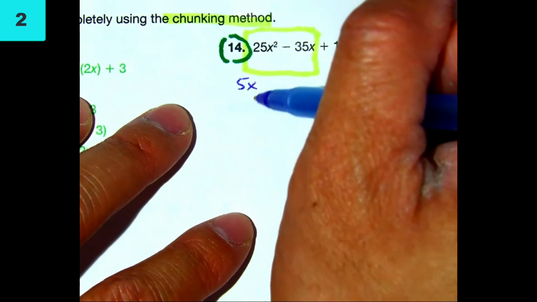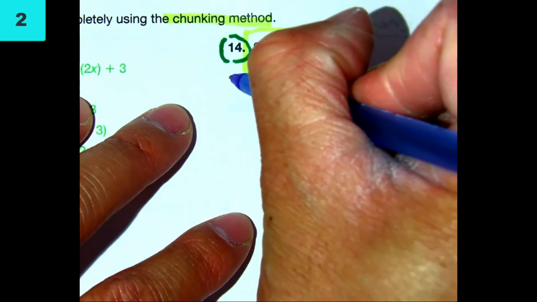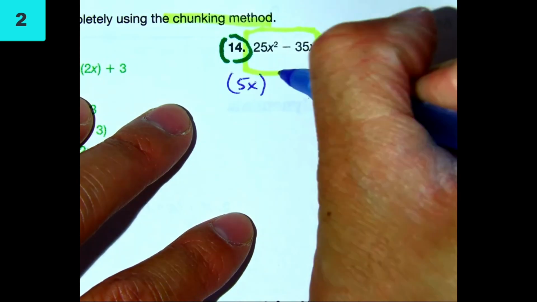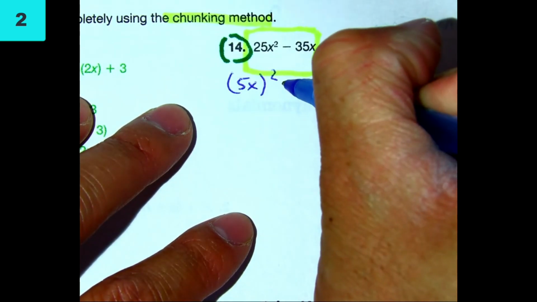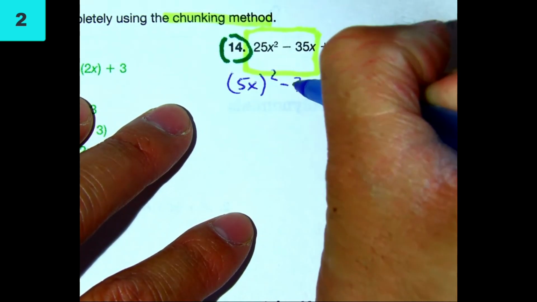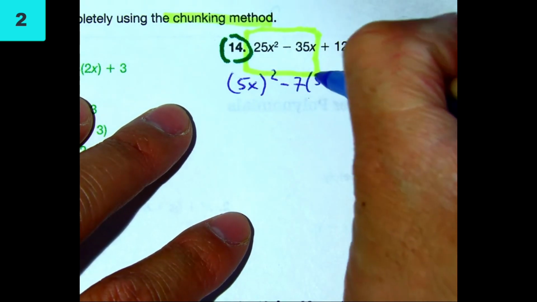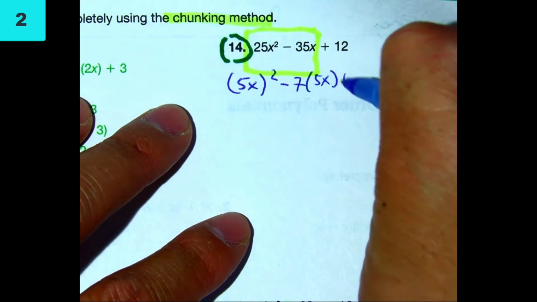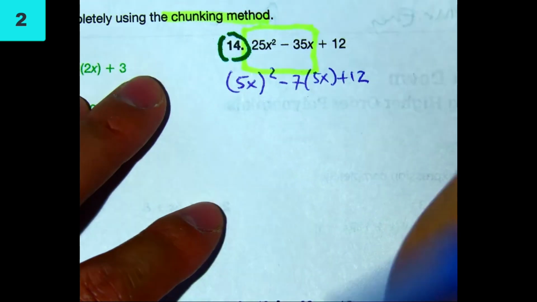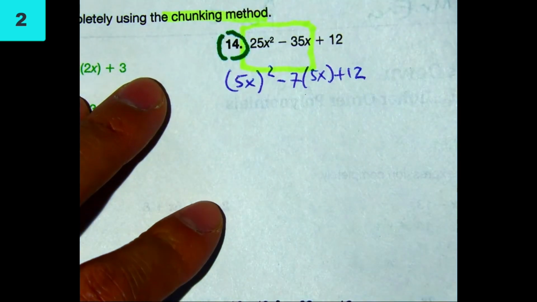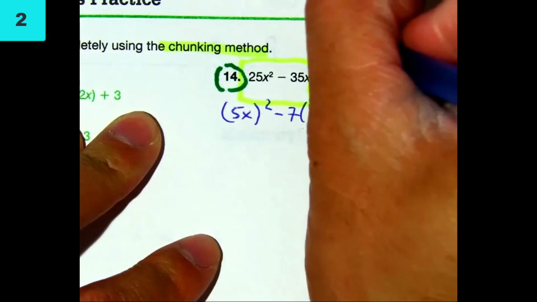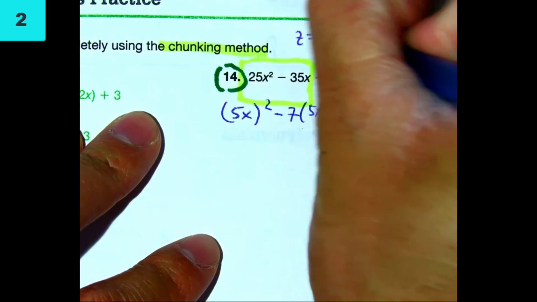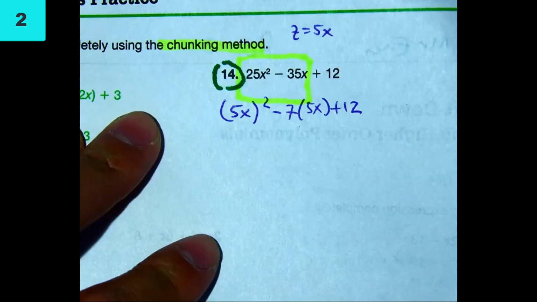So 5x parentheses squared minus 7 times 5x plus 12. And what's the special variable you used, Raphael? Z is equal to what? 5x. Good job, Raphael.